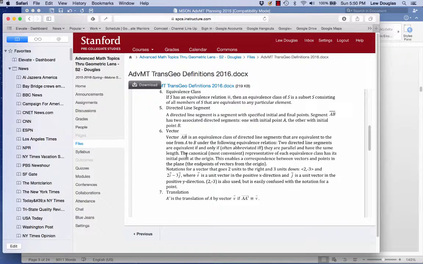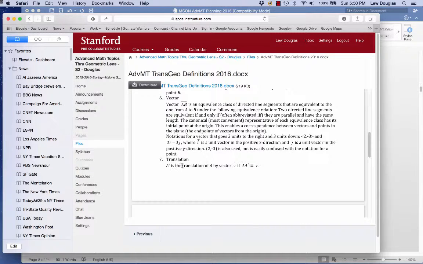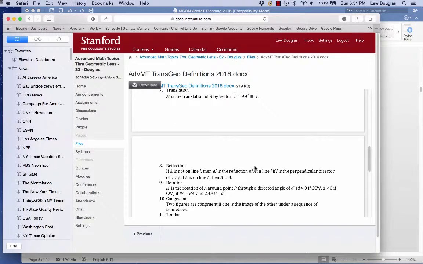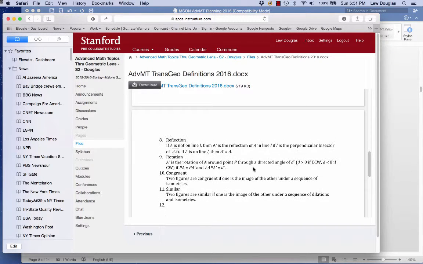Since they're directed, they have an initial point and an end point. And then A prime is the translation of A by vector V if the vector from A to A prime is equivalent, not equal, is equivalent to the vector V. That enables us to have a precise definition of translation.